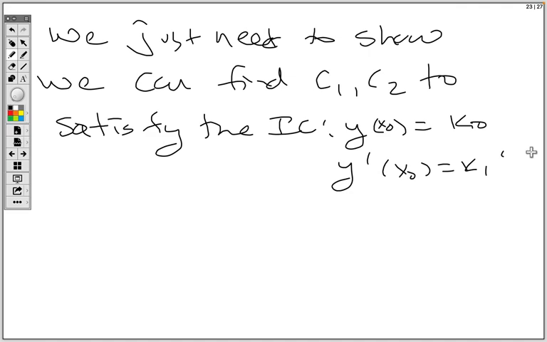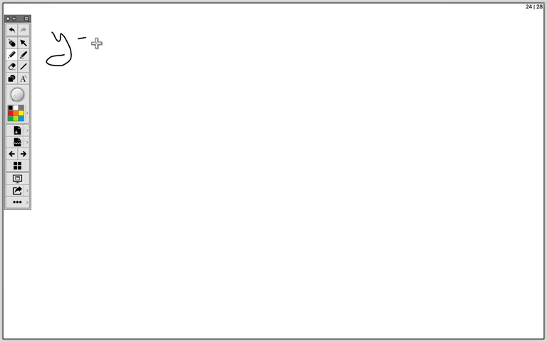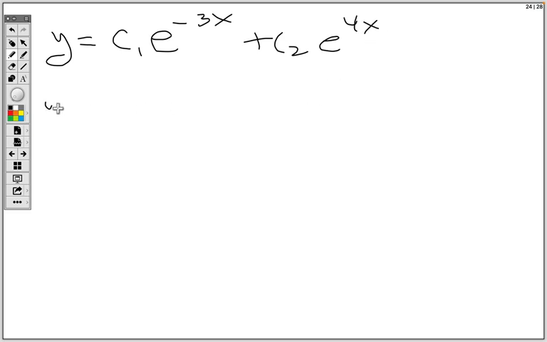So how are we going to do that? Well, we're going to use Cramer's rule. We're going to start off with our function. We're going to do the exact same process we did before, just generically. All right, so I'm going to impose the condition y at x naught is k naught. So I'm just going to plug in x naught for x.